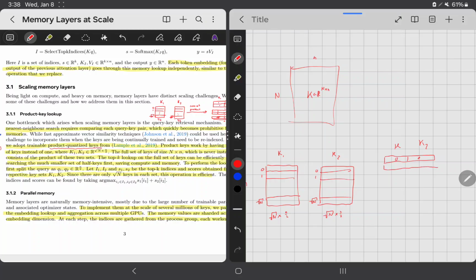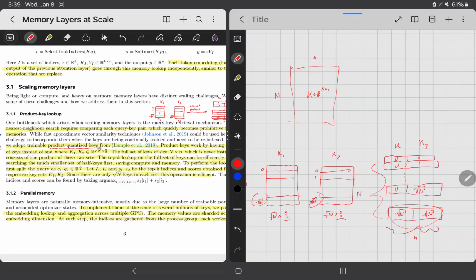Our second vector will be vector 0 from K1 and vector 1 from K2, and you do this until vector 0 and vector root N from K2, and keep going until you get your last vector, index root N and index root N. You get a total of big N vectors of shape little n, because you are concatenating vectors that are each of size little n over 2.